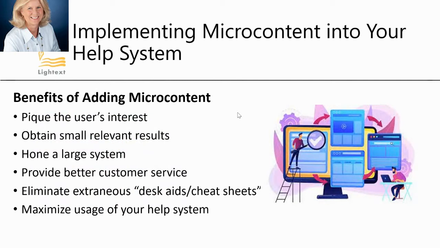I work with financial institutions that some of them have been using RoboHelp for over 20 years. And sometimes those help systems get large and unwieldy, and employees have a little bit of a struggle finding relevant information. So I'm finding that microcontent is a really great feature for these types of organizations and this type of use case.